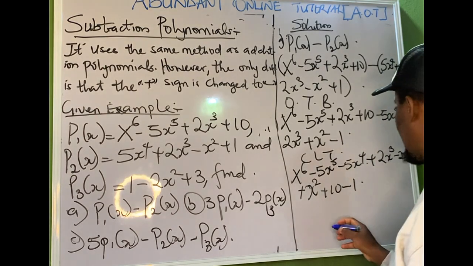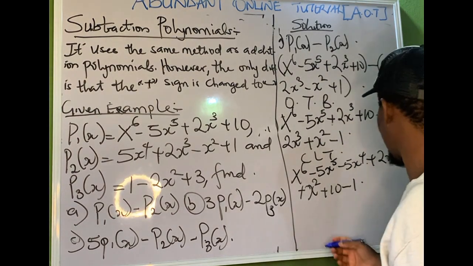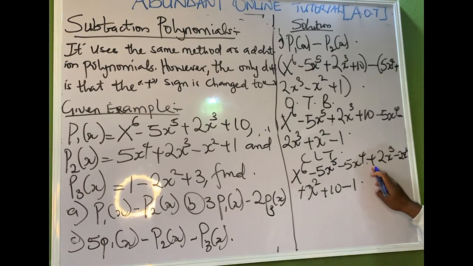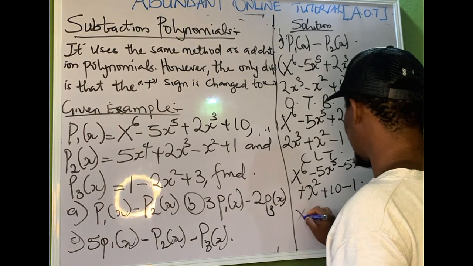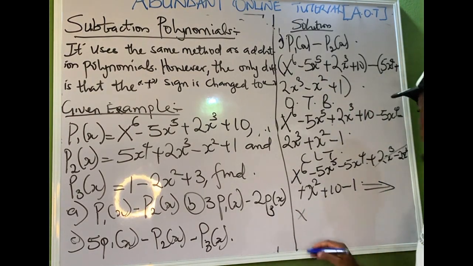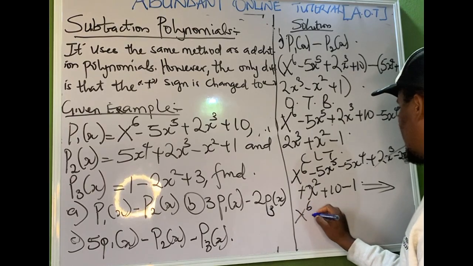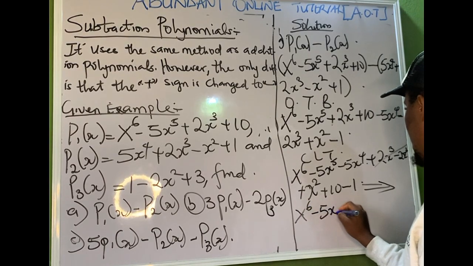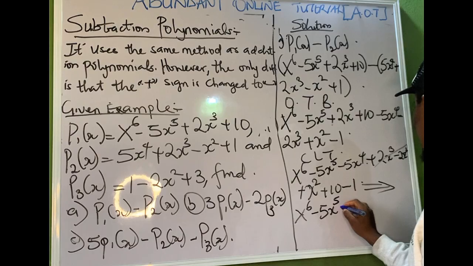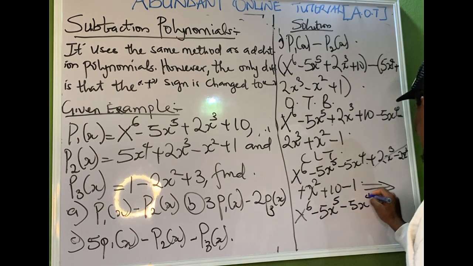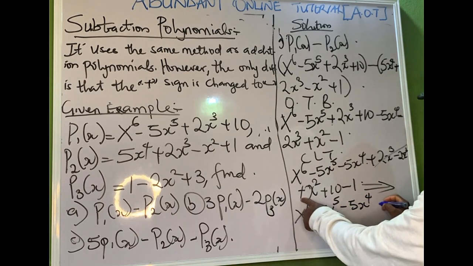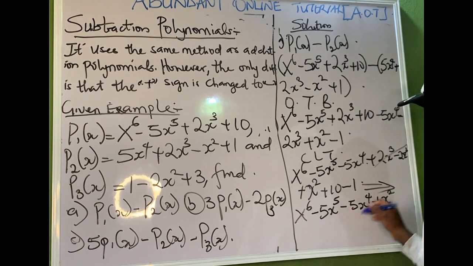All right, so let's do the needful. Just know that this is plus 2x cubed minus 2x cubed, they are going to cancel each other, so here it's gone. We now have x^6 minus 5x^5 minus 5x^4, then plus x squared, and 10 minus 1 is 9, plus 9.